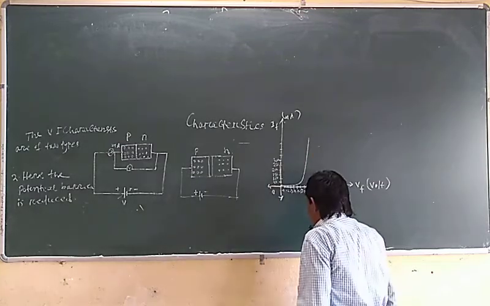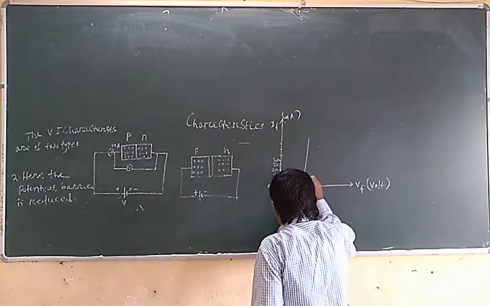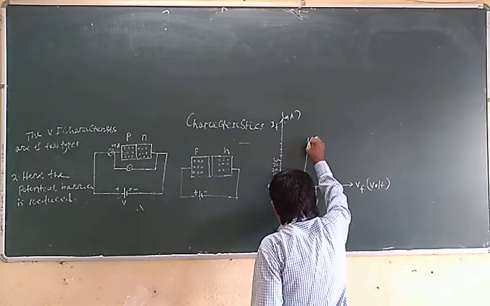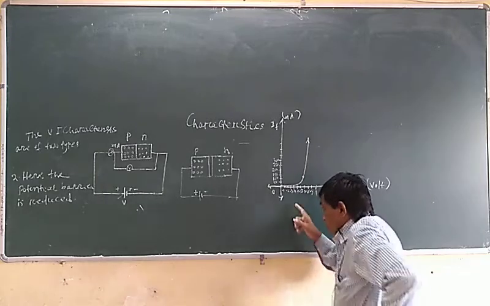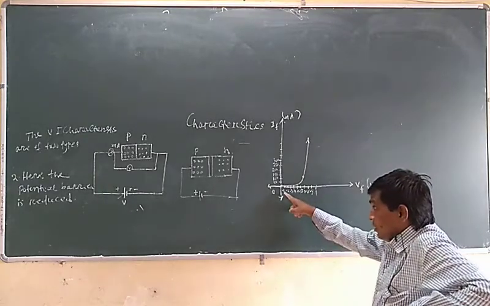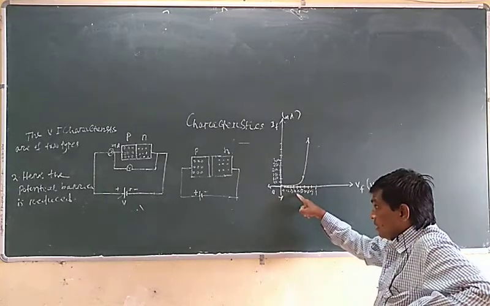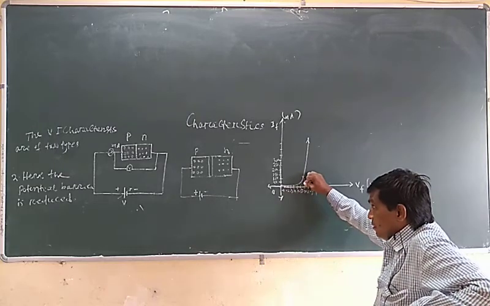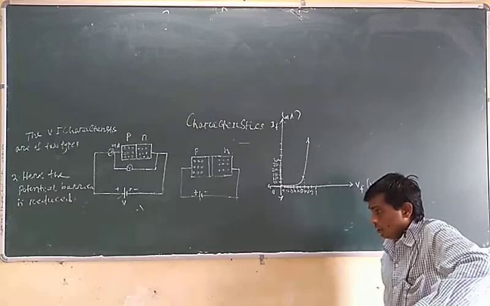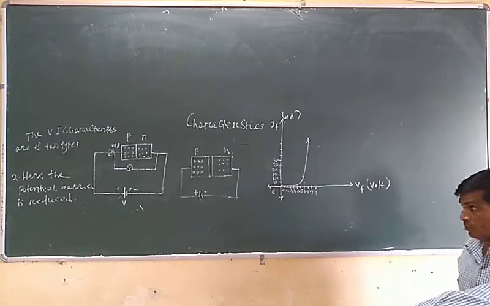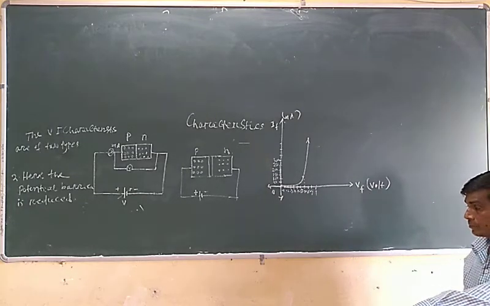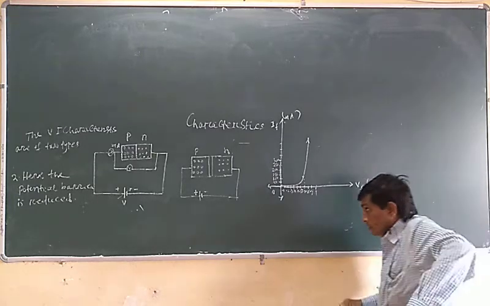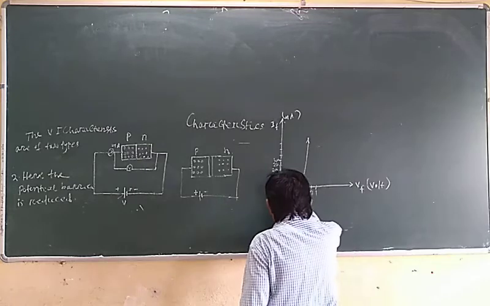This curve is known as the characteristics curve or VI characteristics curve. So when the applied voltage reaches 0.7, the current through the circuit rises rapidly. So we study this region.